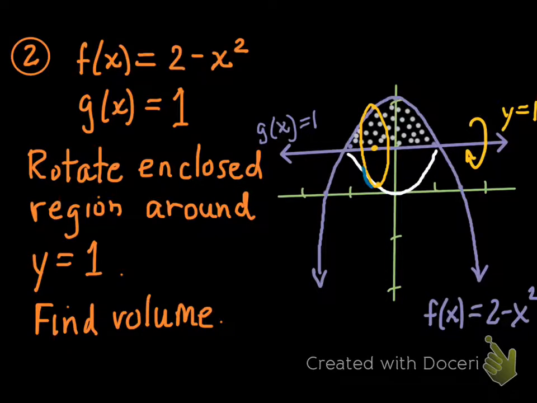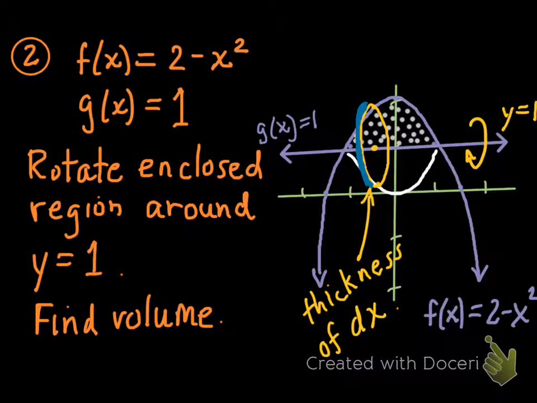So let's see if we can figure a few things out. The little thickness associated with each circle is semi-important to think about. An infinitesimally thin circle has a thickness of dx, a small difference in x's. I always like to provide that on my picture to remind myself that this integrand is going to be entirely in terms of x.